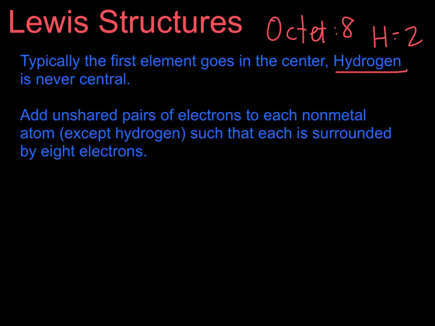So we start by writing the first element down. Our example was CH3I, and we've been working with that one for a little while. So we're going to start by adding our carbon, and then we have 3 hydrogens that come next, and then we have an iodine. What we're going to do is add in our electrons.